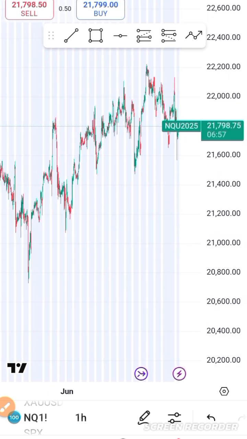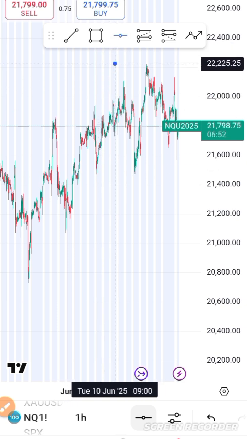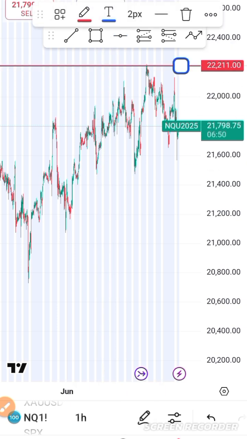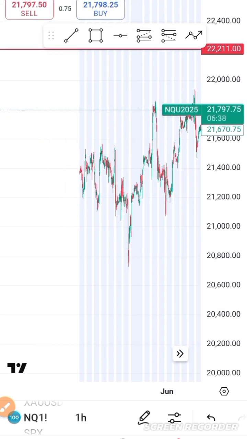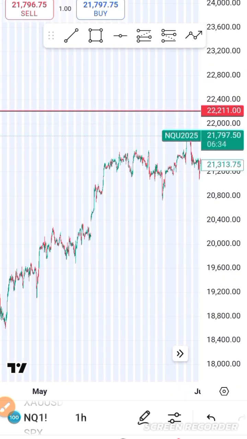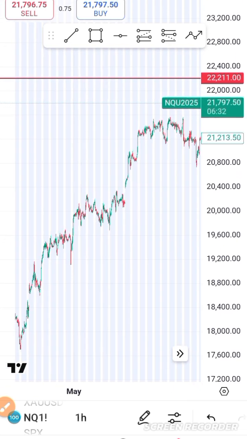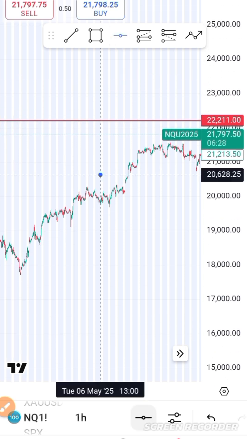Today I'll start by putting my resistance up here. Why do I put resistance? It's because of what I'm seeing here. In the previous candlesticks, I saw an uptrend. Remember that your resistance must always be in blue. I'm focusing more on previous candlesticks so that you can understand.